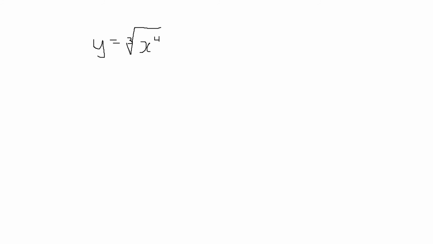Again, remember, the power of the root becomes the denominator, and the power of the x variable inside here becomes the numerator. So when I convert this, I have x. Remember, the numerator is on the inside, and the denominator comes from the outside.